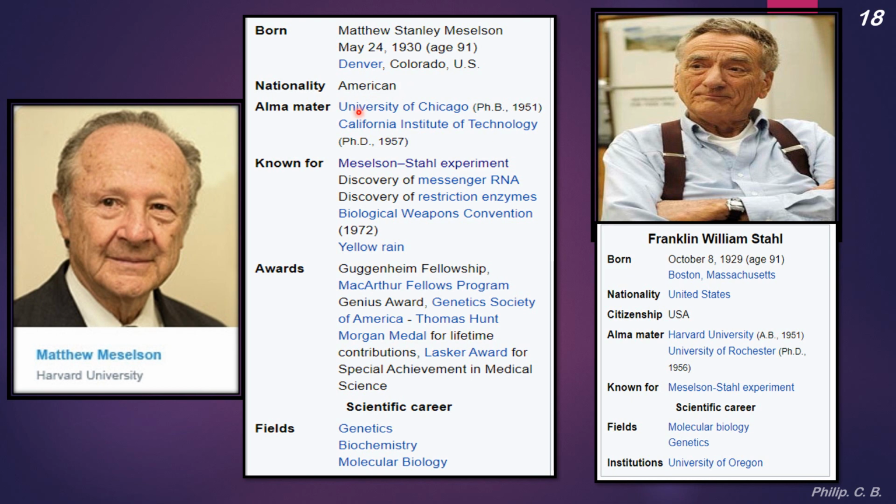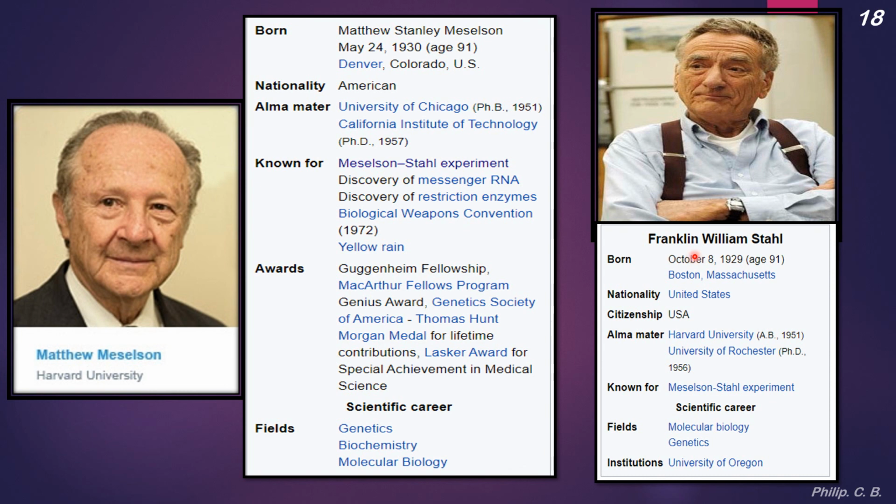His nationality is American, alma mater University of Chicago and California Institute of Technology, where he did his PhD in 1957. He is known for this confirmation experiment of DNA replication, the Meselson-Stahl experiment, the discovery of messenger RNA, the discovery of restriction enzyme, the Biological Weapons Convention, and yellow rain. He has quite a few awards and a lot of achievements. His scientific fields include genetics, biochemistry, and molecular biology.